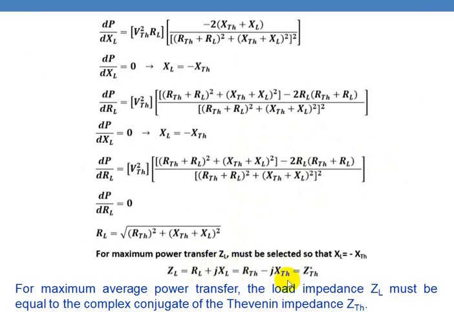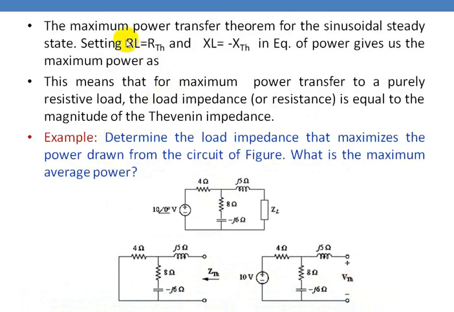So this we call the complex conjugate of the Thevenin impedance. So for the maximum average power to be transferred from the source circuit to the load impedance ZL, the load impedance must be equal to the complex conjugate of the Thevenin impedance. So RL should be made equal to RTH and XL should be made equal to minus XTH.